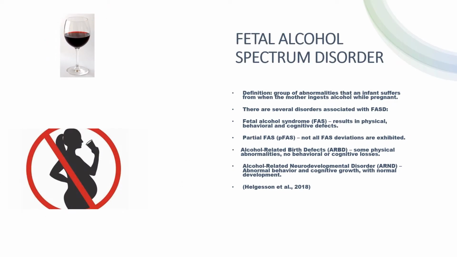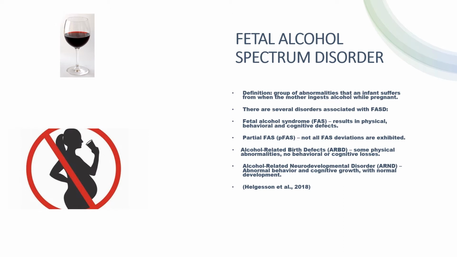Fetal alcohol spectrum disorder. Definition: a group of abnormalities that an infant suffers from when the mother ingests alcohol while pregnant. There are several disorders associated with fetal alcohol spectrum disorder. Fetal alcohol syndrome results in physical, behavior, and cognitive defects.